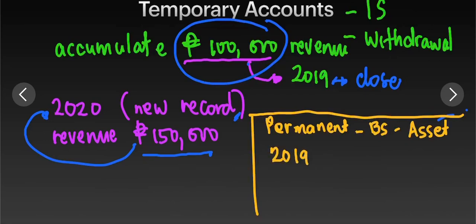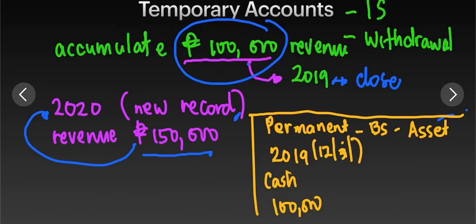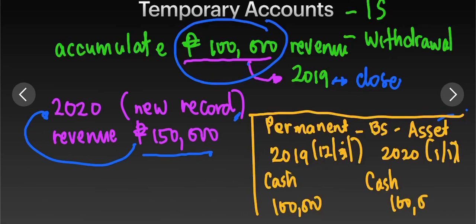If in 2019, to be specific, December 31 of 2019, you have a cash of 100,000, come 2020, January 1 of 2020, your cash will be 100,000. Why? Because permanent accounts are not being closed. So it is an accumulated value.